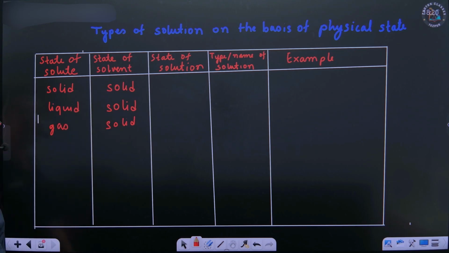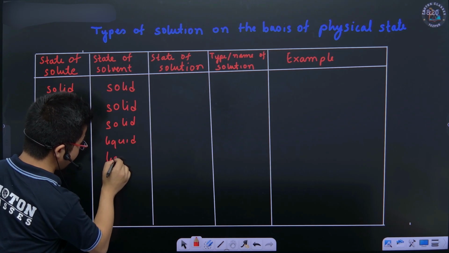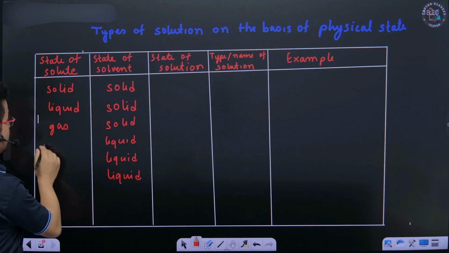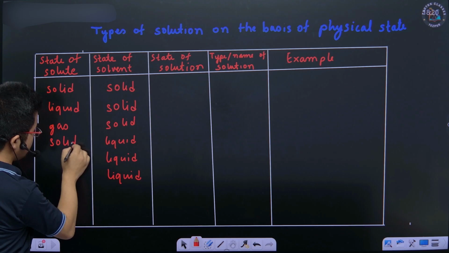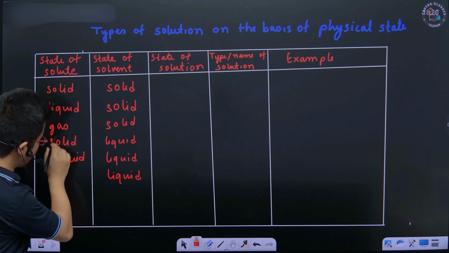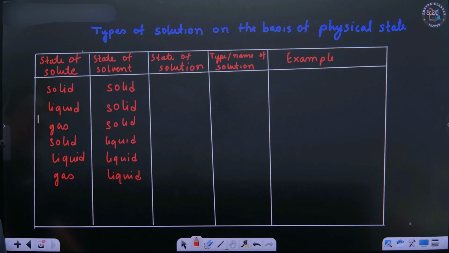Similarly, if the solvent is in liquid state, you will be getting 3 combinations in this way, where the solute is in solid state and the solvent is in liquid state, and similarly the solute is in gas state and the solvent is in liquid state. So in this way we will be getting the next 3 types of solutions.